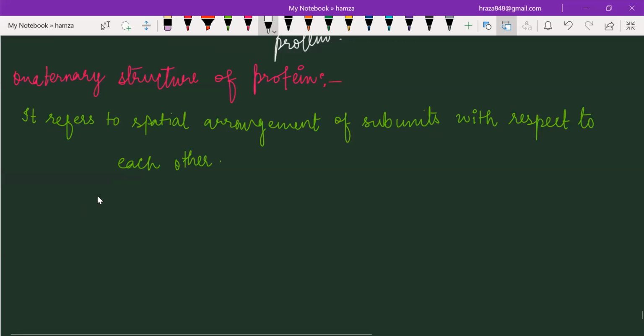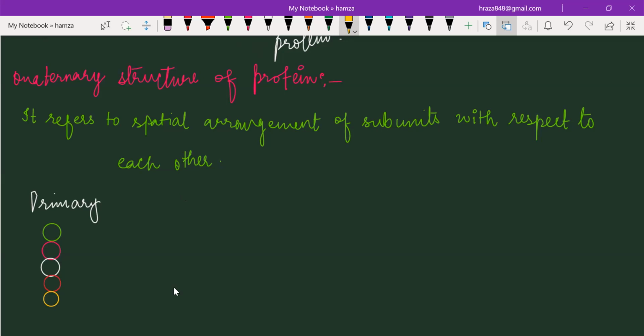Now, I'm going to write the structure of primary. Primary is linearly arranged like this. You can see glycine, glycine, glycine, alanine, and so on. So this is the structure of primary. It's very easy to understand. This is our alpha helix.